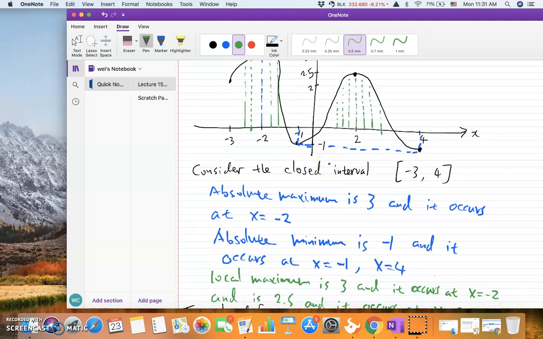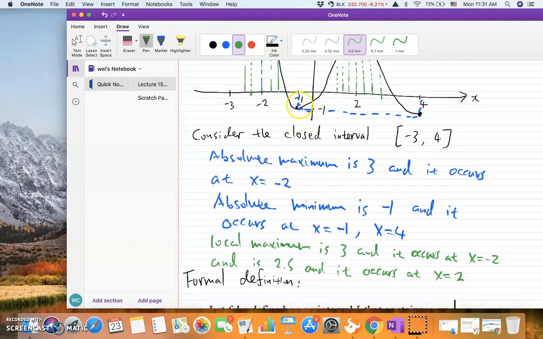Now, for the local minimum, we have only one. When x equals -1.